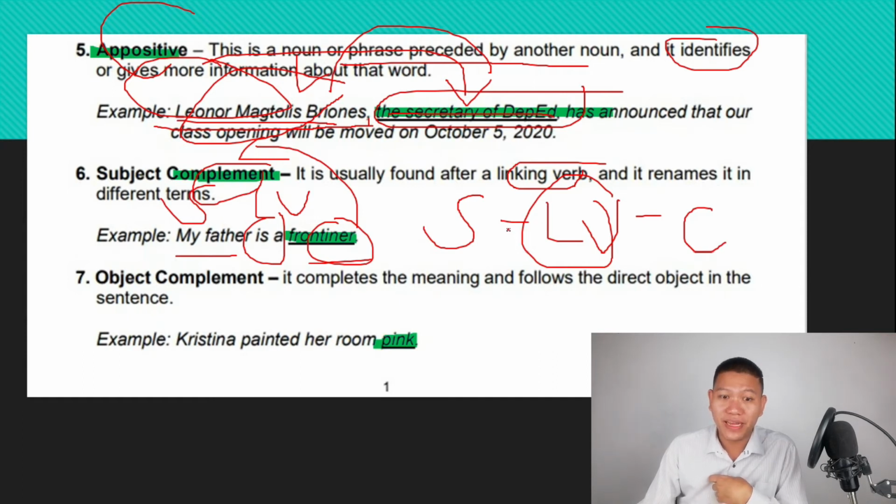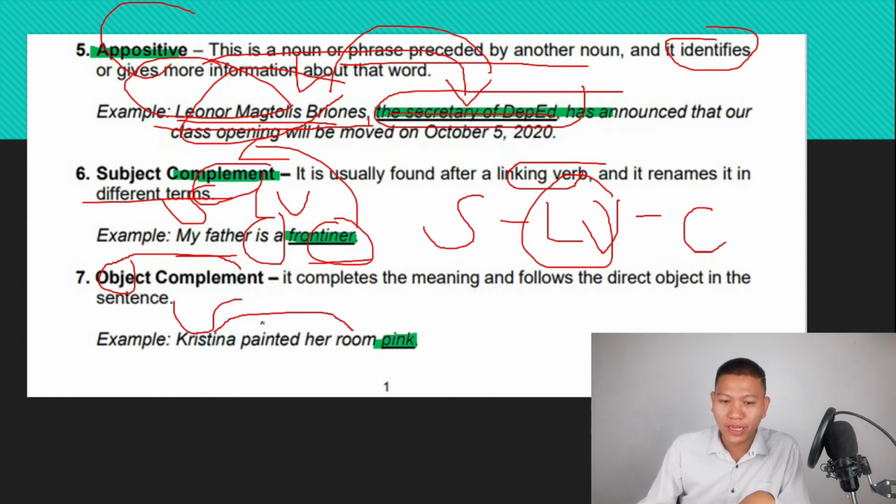Next is number 7. Aside from subject complement, it may also be a complement for the object. So you know object. Object comes after the main verb. So example, Christina painted her room. Christina is the subject, painted is the verb. Painted what? The direct object is room. And then her room is what? It's color pink. So pink complements the room.